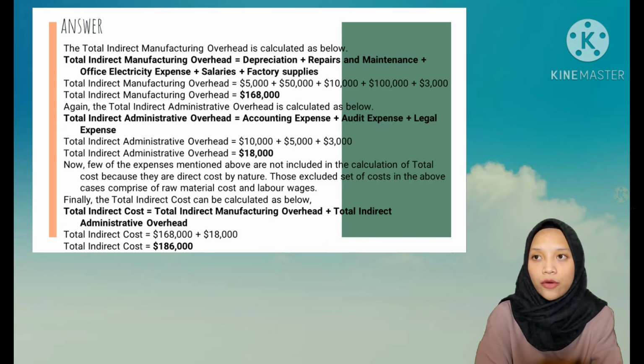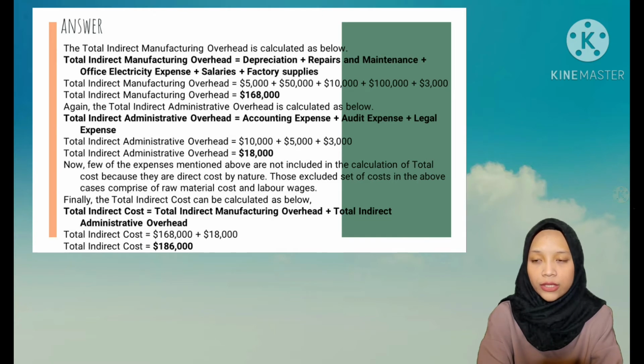So the amount of indirect costs are total indirect manufacturing overhead plus total indirect administrative overhead. The total of indirect manufacturing overhead can be calculated by depreciation plus repair and maintenance, office electricity plus salary, and plus factory supplies. Meanwhile, the total indirect administrative overhead can be calculated by accounting expense plus audit expense plus legal expense.